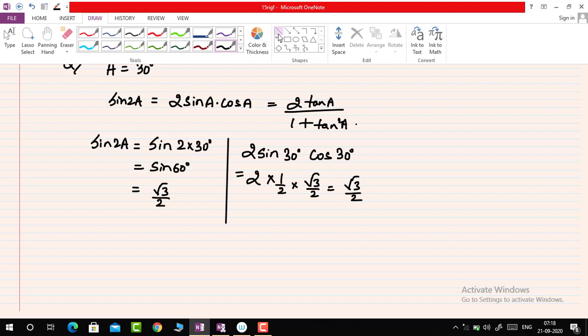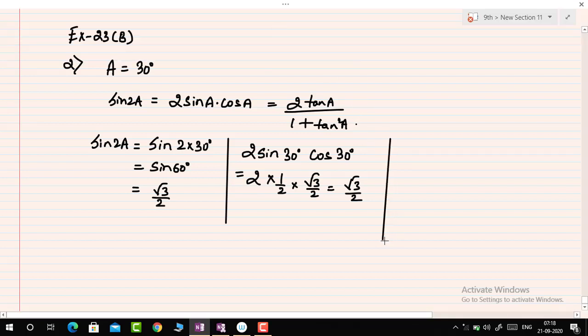Similarly, if we go to find the value of 2 tan A upon 1 plus tan square A. So 2 tan A, with A being 30 degrees, upon 1 plus tan 30 whole square.